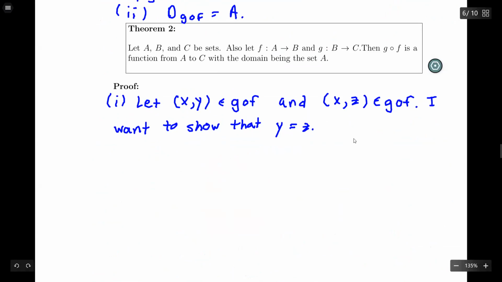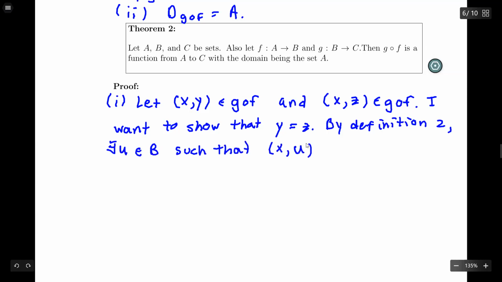So by our definition of a composition of functions, so by definition 2, there exists an element u in B such that (x, u) is in f, and (u, y) is in g.